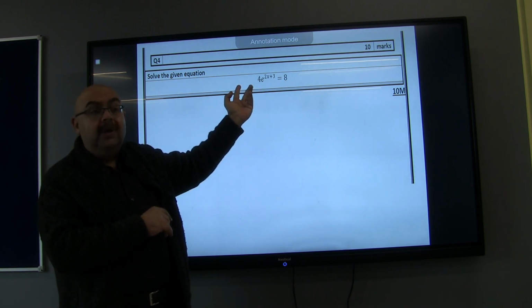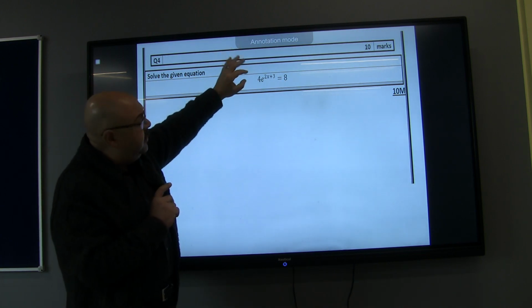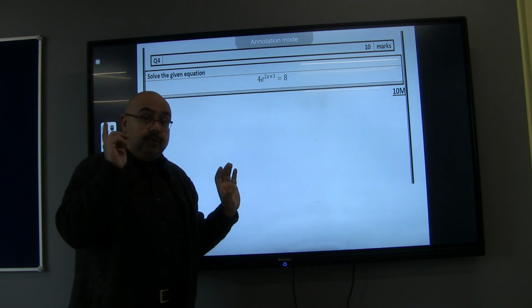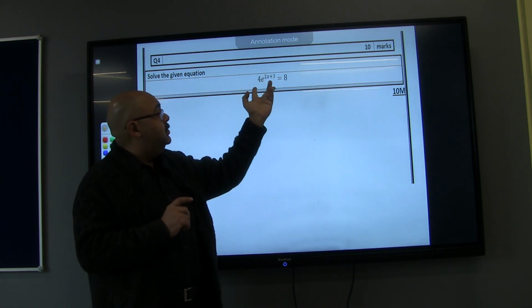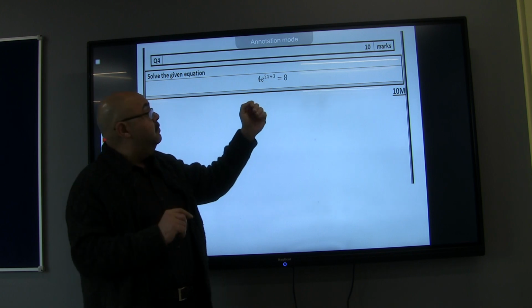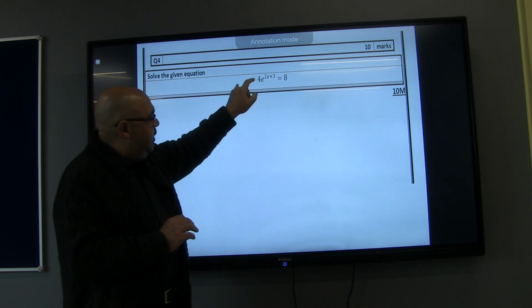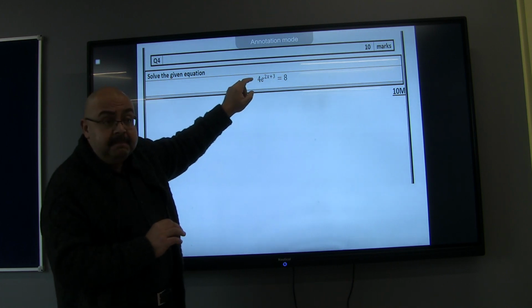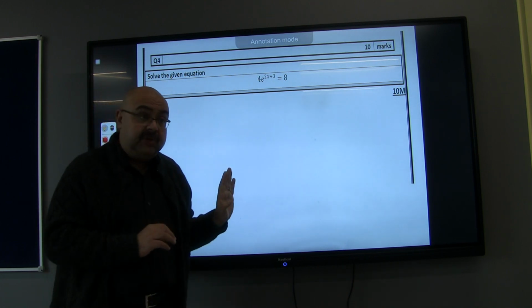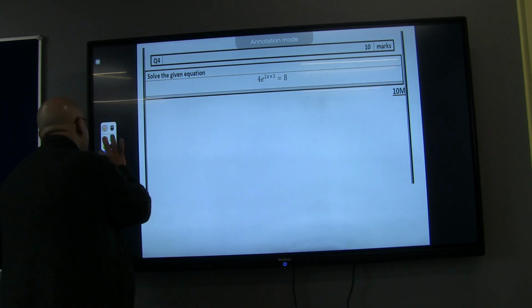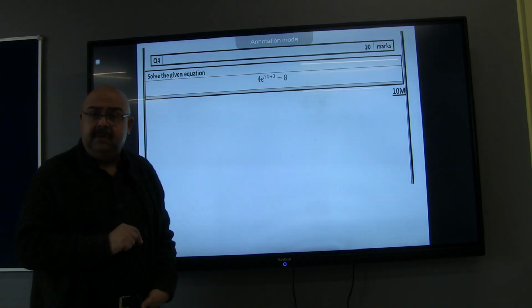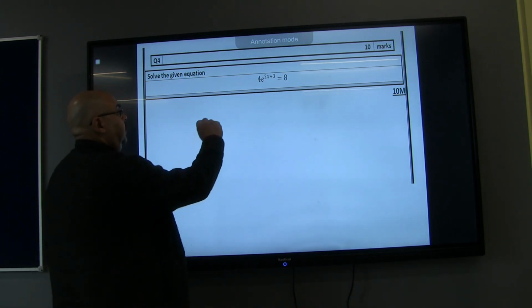First of all, you will have to isolate the exponential function by itself. If you use the logarithm on this form, you will have to remember the actual law for ln(A plus B), so you have to separate them first. So the first step, simplest, is to isolate your exponential part.